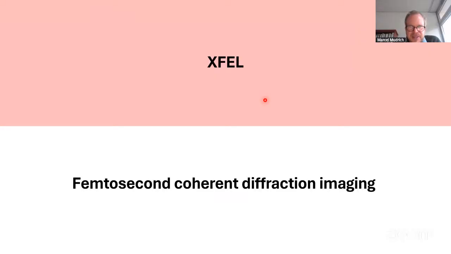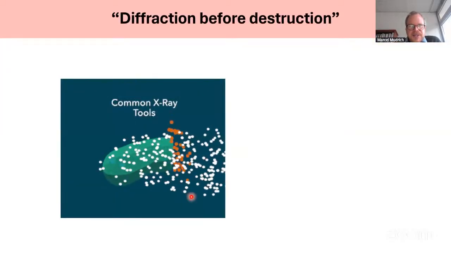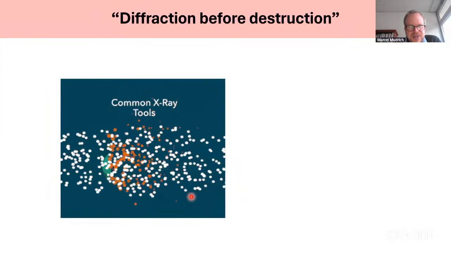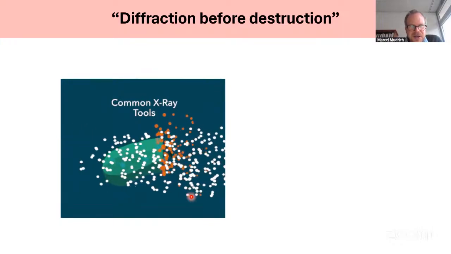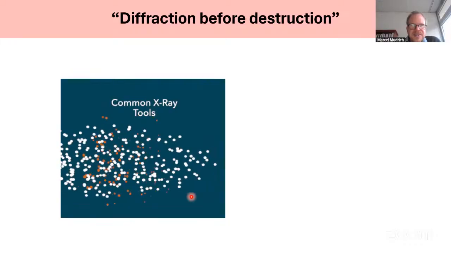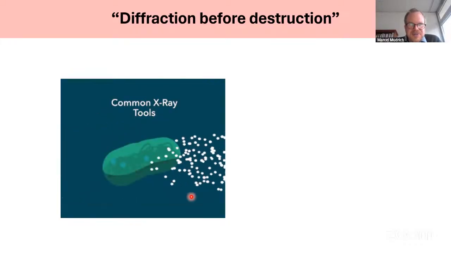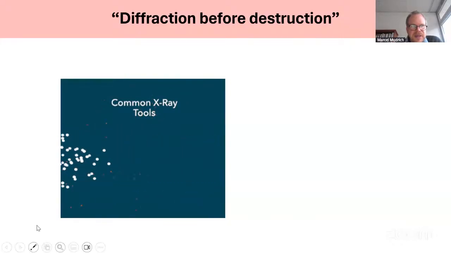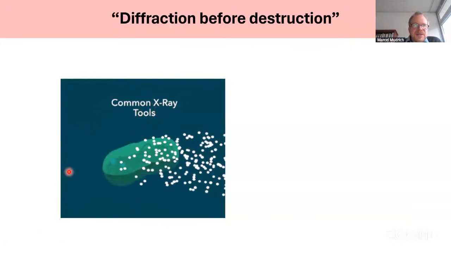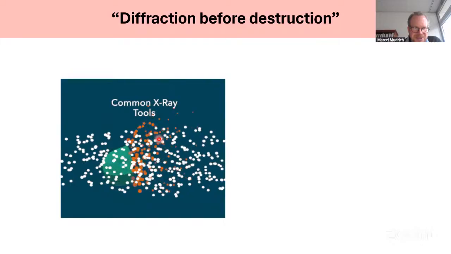The main difference is that, as I said, XFELs produce X-rays with much higher intensity and femtosecond pulses. And that causes one fundamental issue, which is illustrated here: if such an intense free electron laser X-ray pulse hits a target, in particular some biological sample, then this is what happens to the sample.